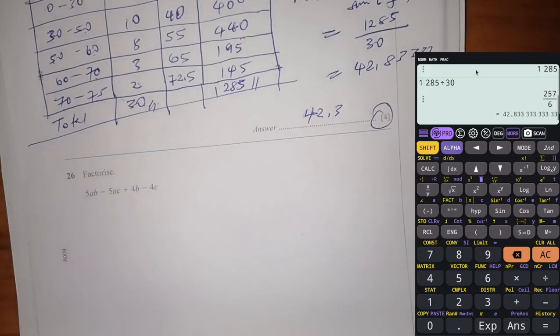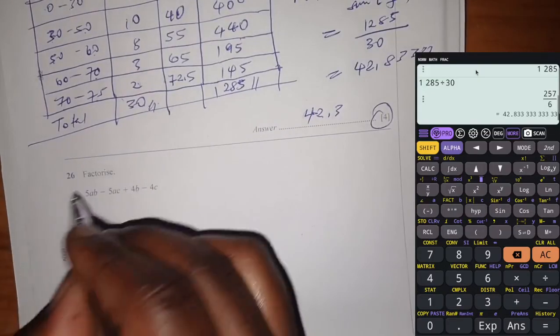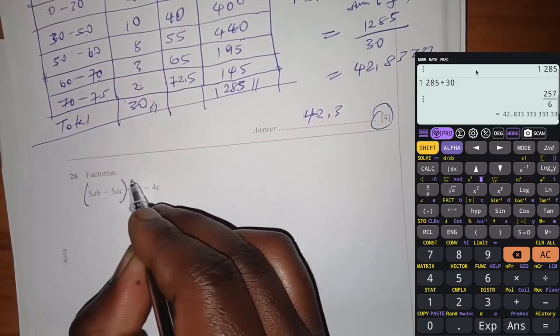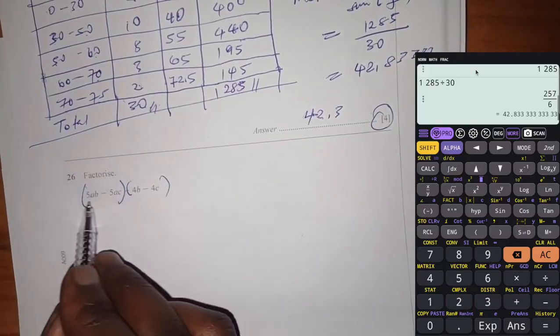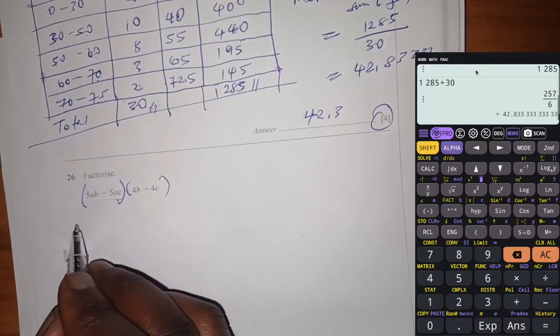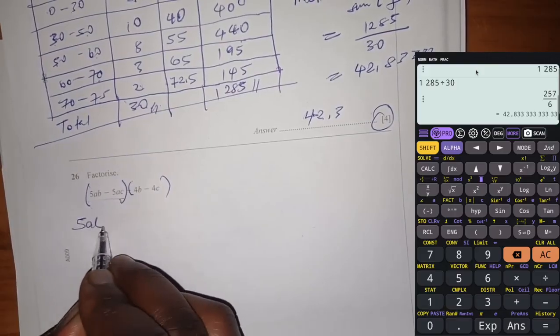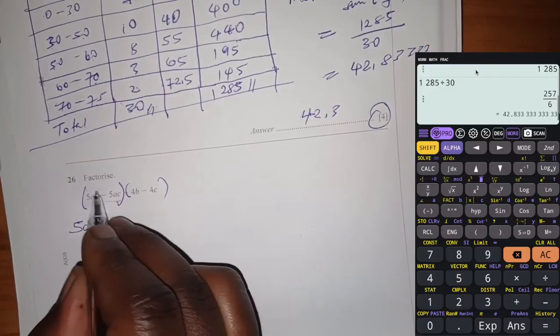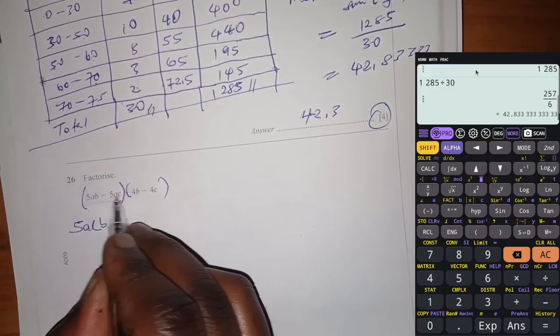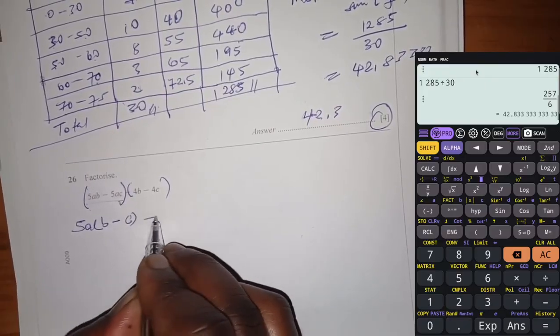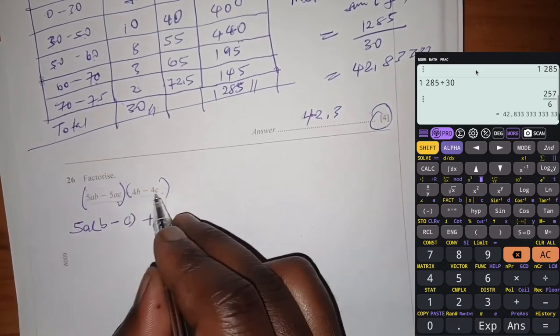Again, we need to factorize this expression. For four terms, factorization by grouping in pairs. This pair together with that pair. From this pair, do we have any common factor? Yes, we have 5a. If we take out 5a from this one, we are left with b, minus 5a from this one, we are left with c, plus. Then any common factor here?